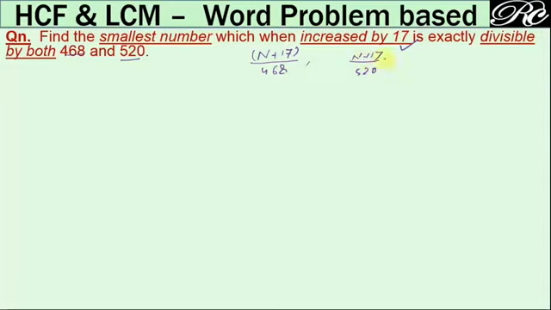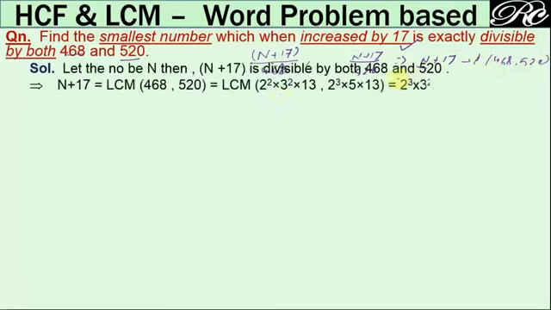It means n plus 17 will be the LCM of 468 and 520. Then finally we can calculate n. Therefore, n plus 17 is the LCM of 468 and 520.